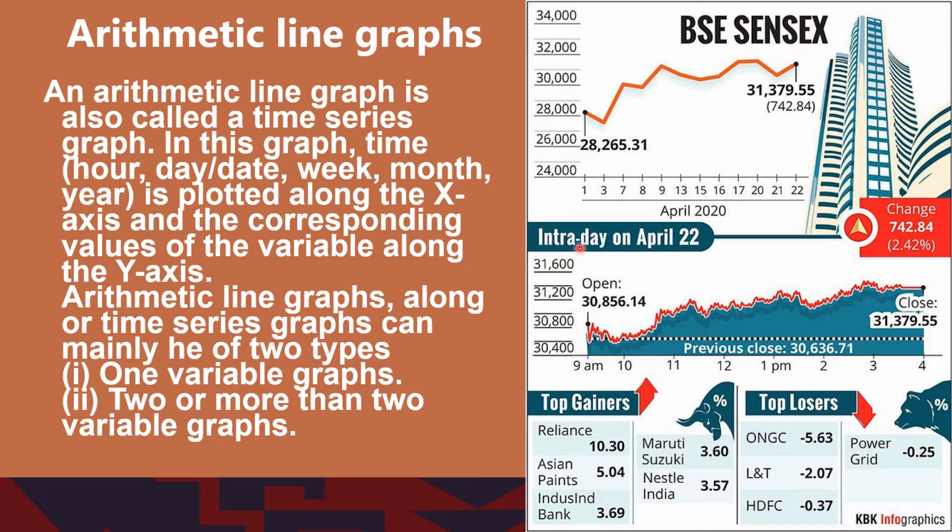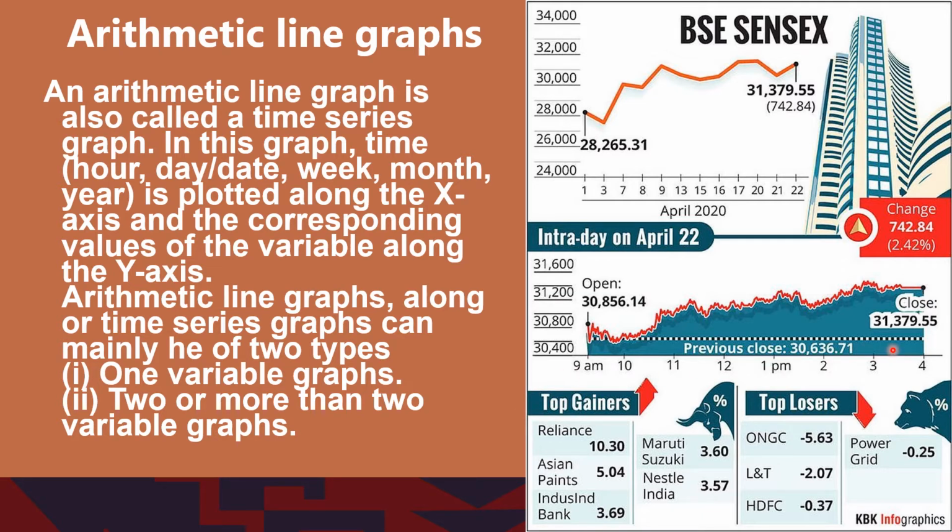Here also, this is intraday, which means you can classify data on the basis of time, right? From 9 o'clock in the morning till 4 when the market closes, you can see the changes in the index number. That gives us an inkling of how the stock prices are changing, rising or falling during the entire day.